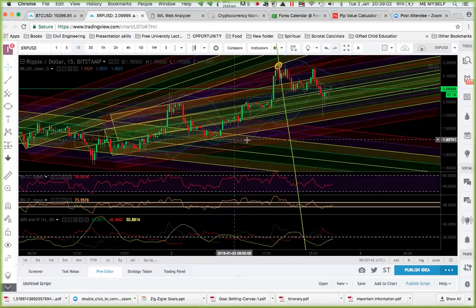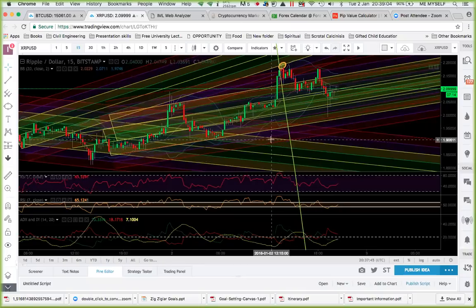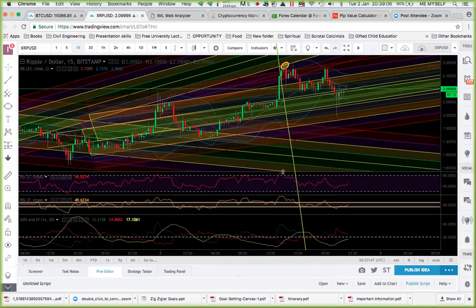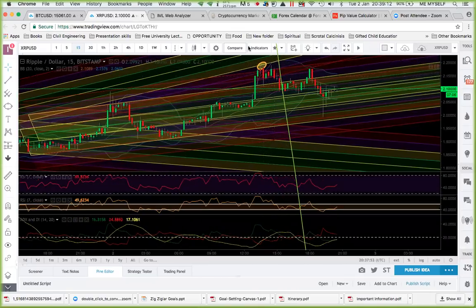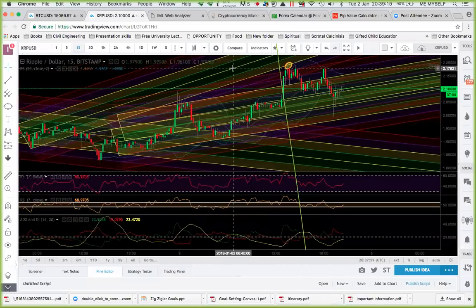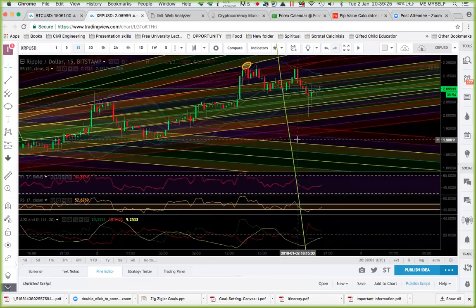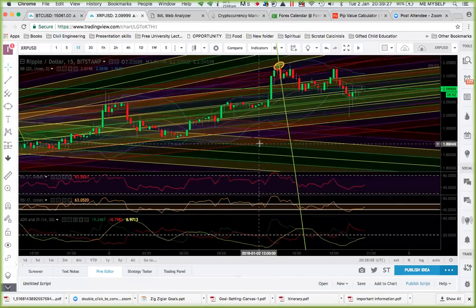Especially I'd like to see my RSI on the 15-minute above the 70 mark. And I would love to see a nice hit, like this one today, a nice hit on one of the Pitchfork lines for a confirmation of a sell. And that's exactly what happened. So that was good by me.